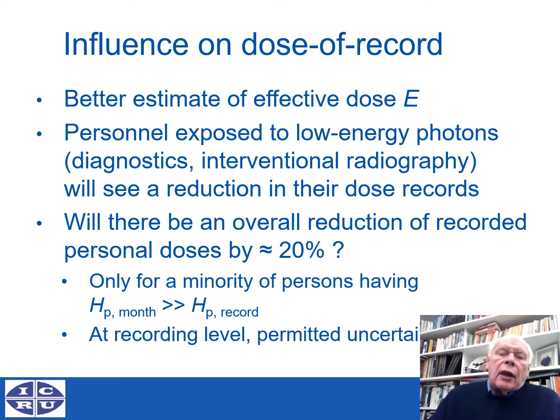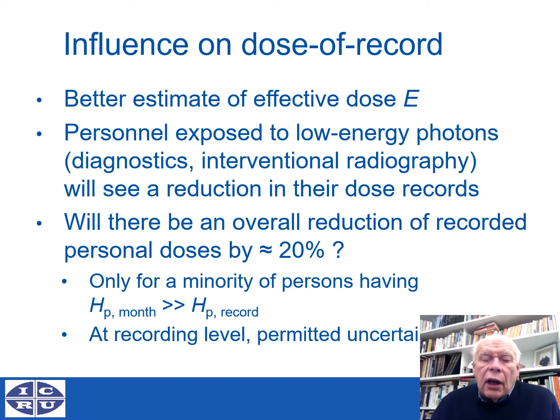The influence of the new quantities on the dose of record: first of all, whatever it's going to be, it is a better estimate of effective dose than before. One has to expect that the personnel which is exposed to low energy photons, that means in particular in diagnostic and interventional radiography, will see a reduction in their dose records. And then the question is, will there be a general reduction of this 20%, which you saw in the previous slide?